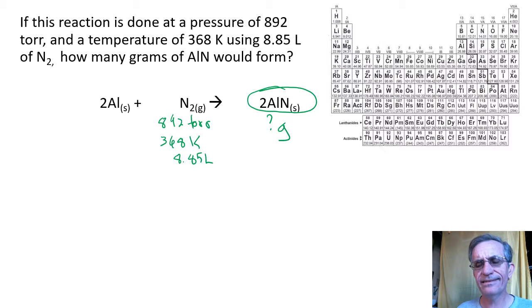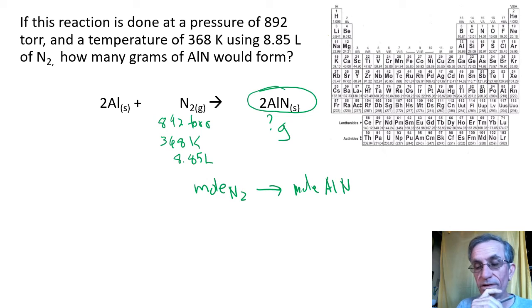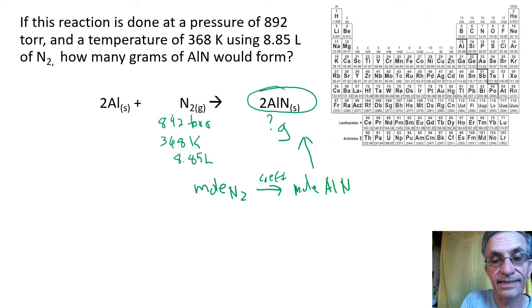So we're going to have to figure out, well, first off, if you think about all stoichiometry, it really involves moles, right? So if we could figure out how many moles of nitrogen we have, we could go to moles of AlN. That moles of one thing to moles of another, we would use our coefficients there, wouldn't we? And then once you went to moles of AlN, then you could go back to grams of that. Oh, we would use our periodic table.